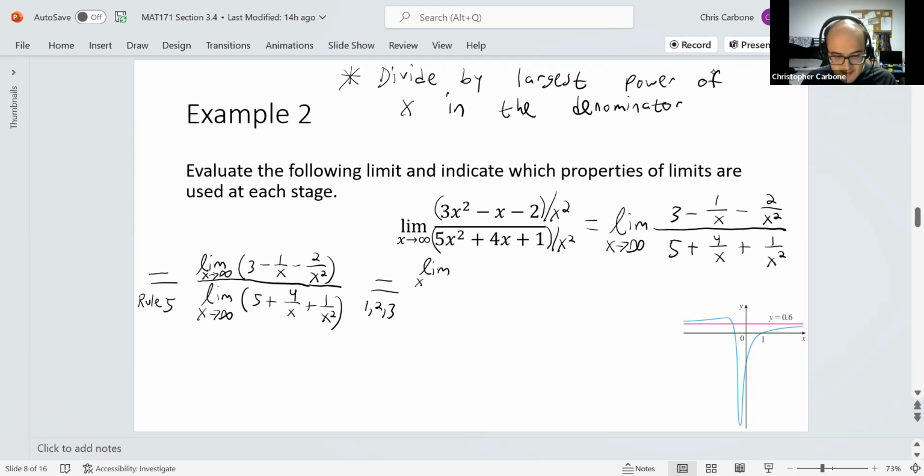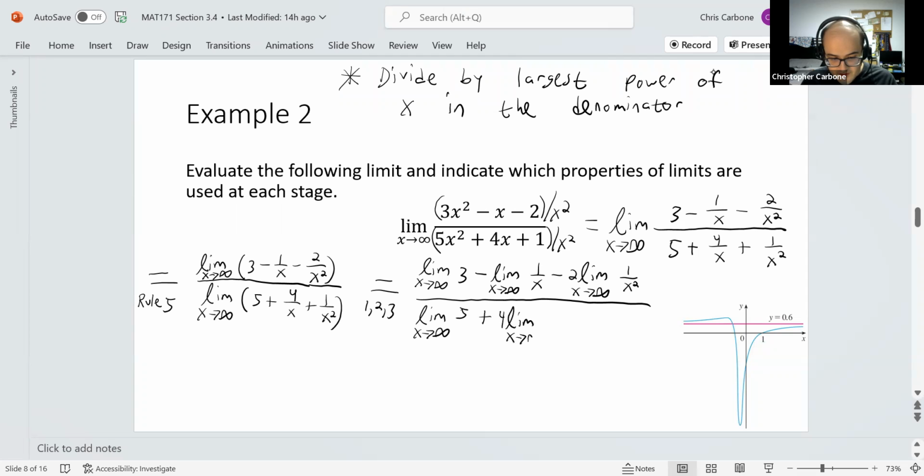The limit as x approaches infinity of 3 minus the limit as x approaches infinity of 1 over x minus 2 times the limit as x approaches infinity of 1 over x squared, all divided by the limit as x approaches infinity of 5 plus 4 times the limit as x approaches infinity of 1 over x plus the limit as x approaches infinity of 1 over x squared.